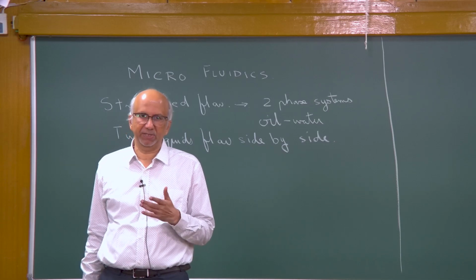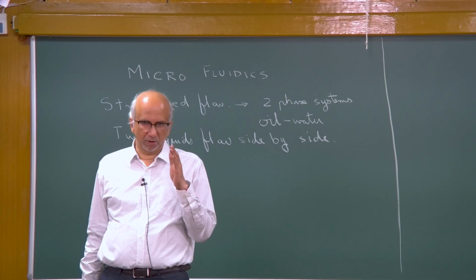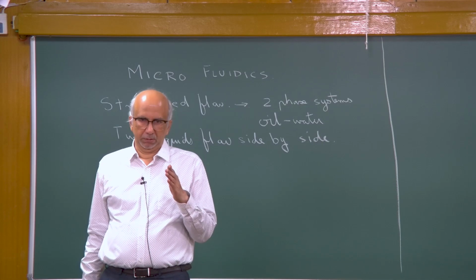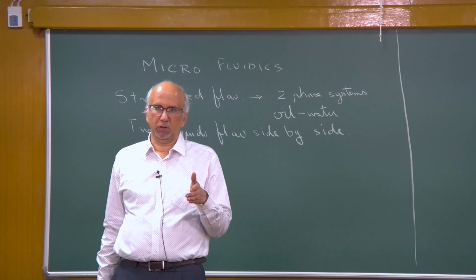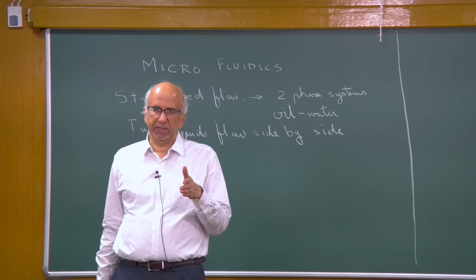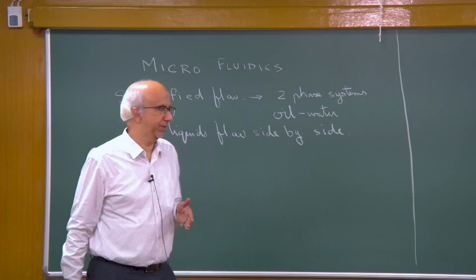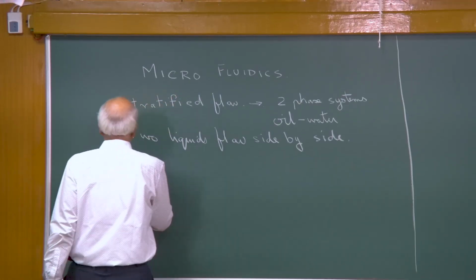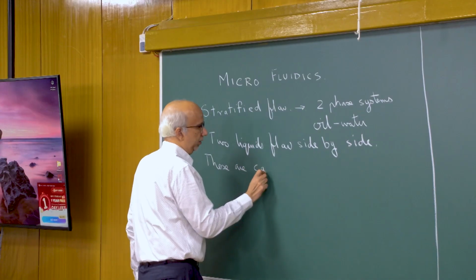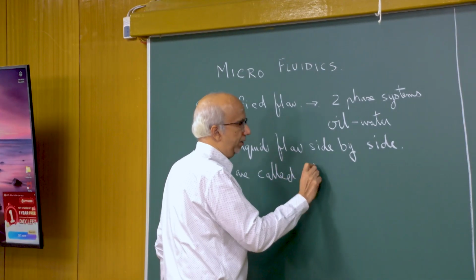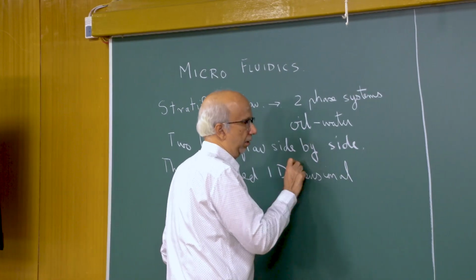as one dimensional flows, which means there is only one velocity component, the other two velocity components are 0, and this one velocity component which exists is varying in one spatial coordinate. So, these are called one dimensional flows.